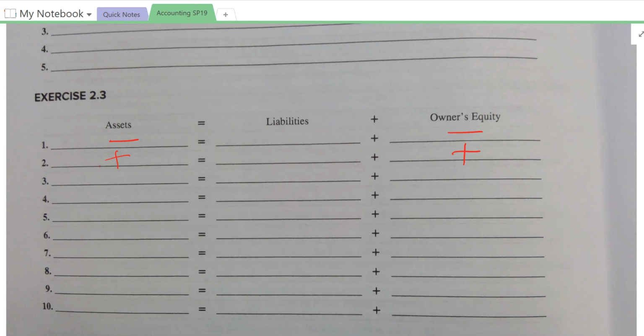So in this case, we are increasing our cash and we are decreasing accounts receivable, and accounts receivable is an asset. So in this case, both of the actions are in assets. So here we've worked with cash in assets and accounts receivable in the assets.